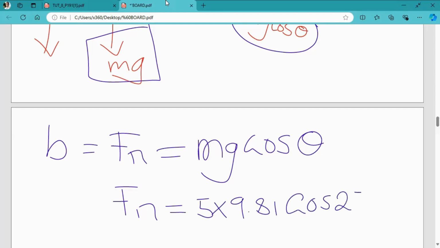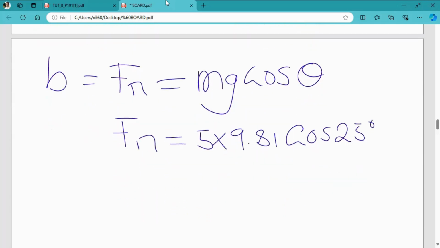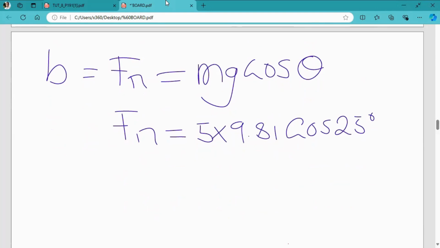cos 25 degrees. Okay, so 5 multiplied by 9.81 cos 25 gives me a normal force Fn of 44.45 newtons.